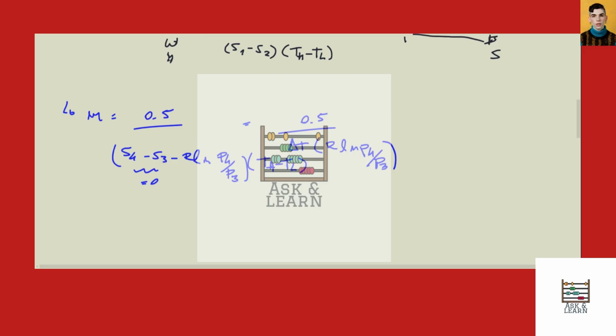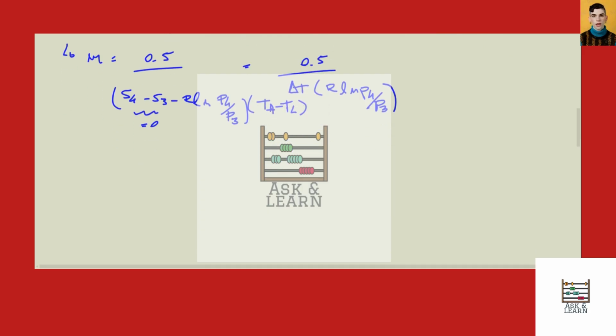And substituting the numerical values of these quantities, we have that the mass in this Carnot cycle is going to be equal to 0.5 divided by 0.287, which is R, natural log of 300 divided by 150, that multiplies the change in the temperature, 1200 minus 350.